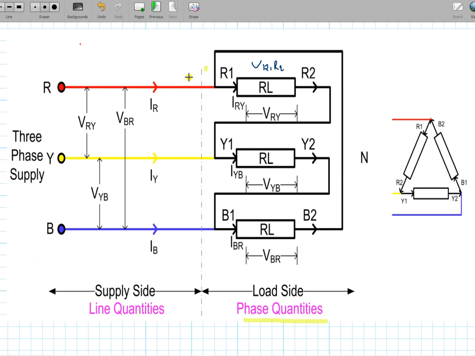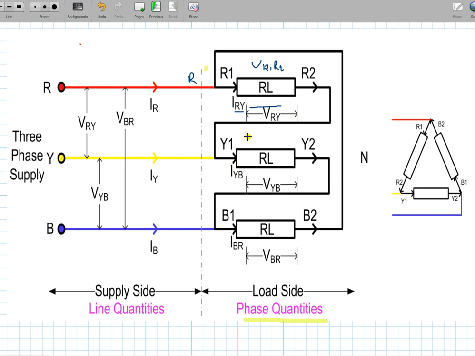R1 is connected to the R phase and R2 is connected to the Y phase. Hence the voltage across this is equal to VRY, and the current flowing through this is from the R phase to the Y phase, hence the current is IRY.